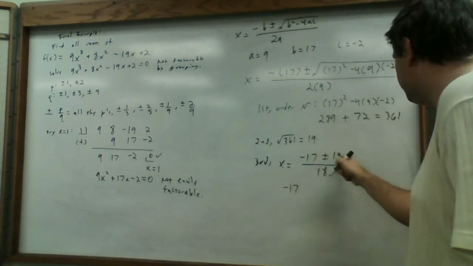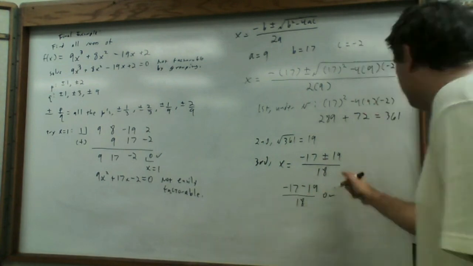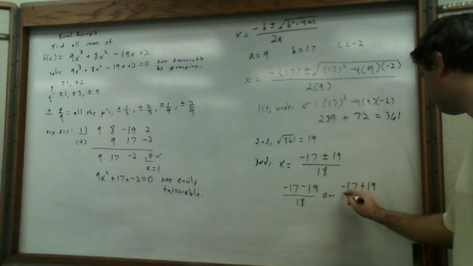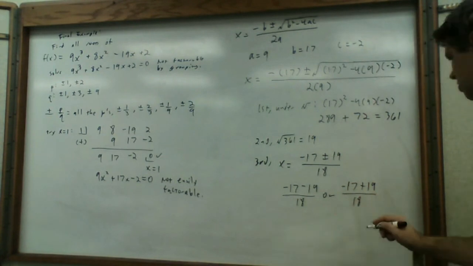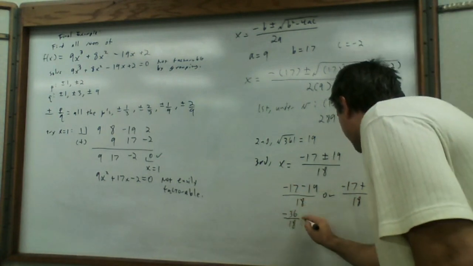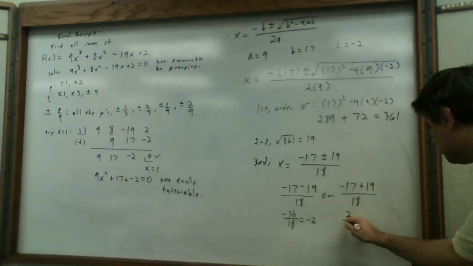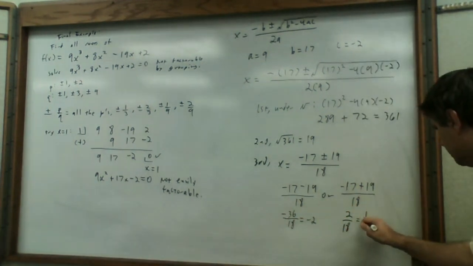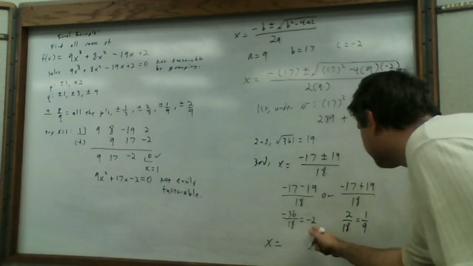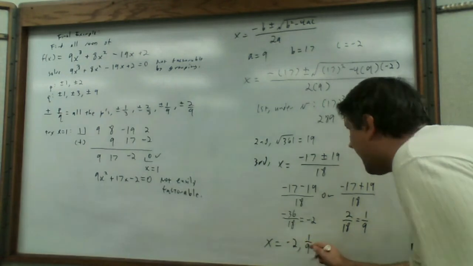So it's negative 17 minus 19 over 18, or negative 17 plus 19 over 18. That is negative 36 over 18, which is negative 2. This is going to be 2/18, which is 1/9. So in order from least to greatest, the zeros are x equals negative 2, 1/9, and 1.